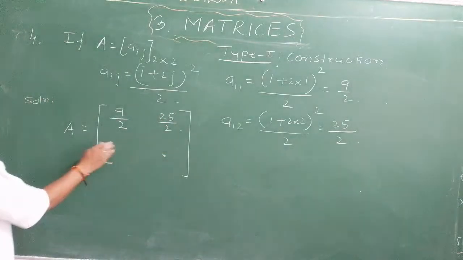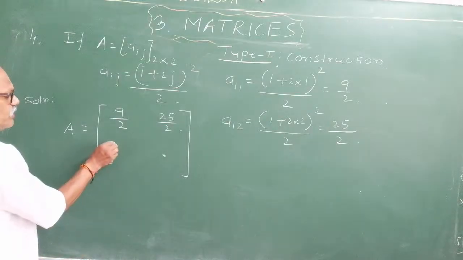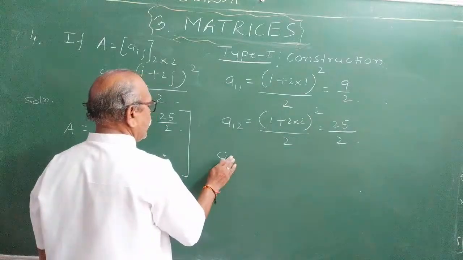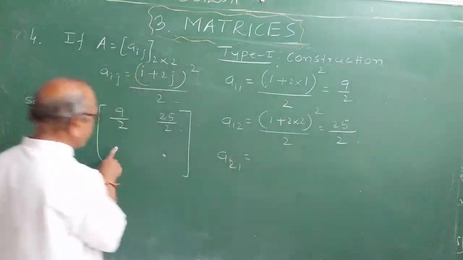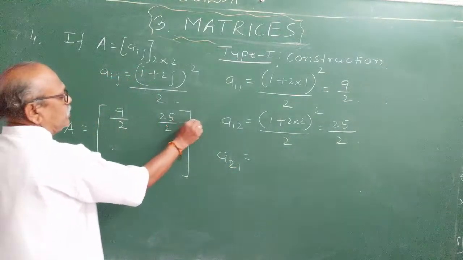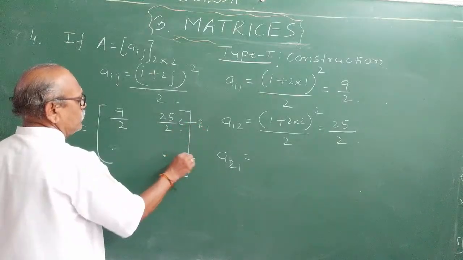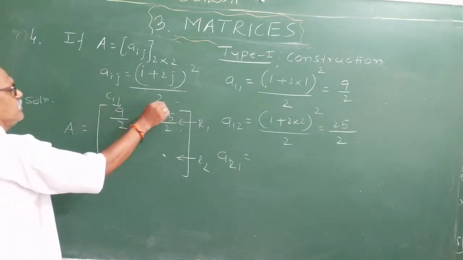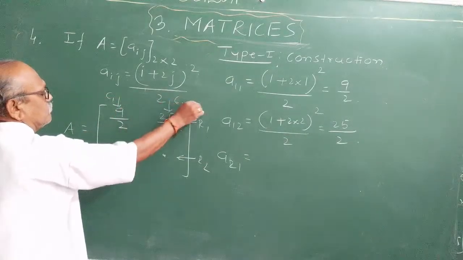Getting me? Now you can move on to this one. What is this place? A21. Is it not second row, first column? This is the first row, this is the second row, this is the first column, this is the second column.